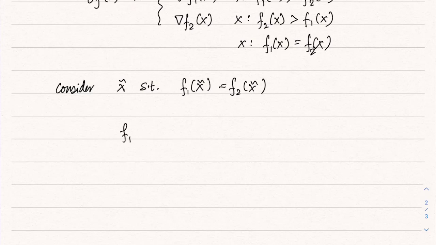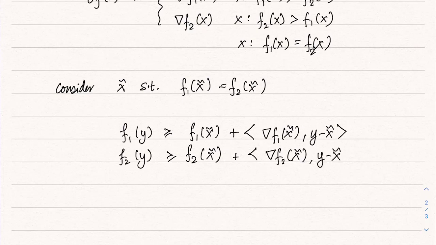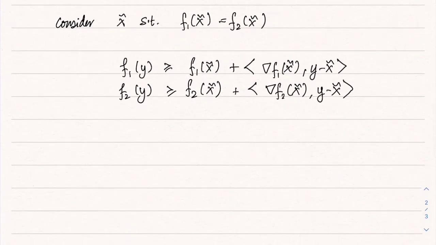We have that f1 of y is greater than or equal to f1 of x tilde plus the inner product of gradient f1 of x tilde, comma y minus x tilde, and then f2 of y is greater than or equal to f2 of x tilde plus the gradient of f2 of x tilde, comma y minus x tilde. So I've written down the first order convexity conditions for f1 and f2. And now let us take a convex combination of these two inequalities. So we will add these two inequalities and take their convex combination.